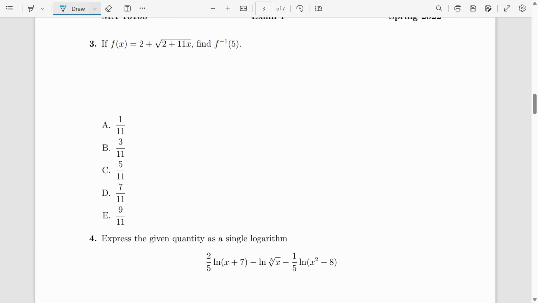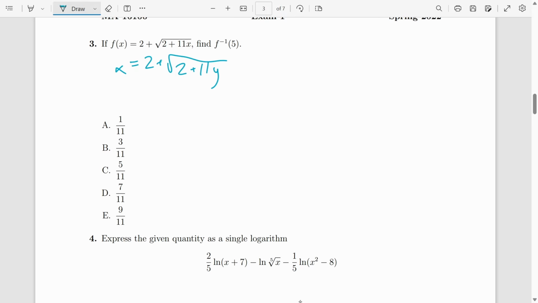So how to do inverses? Replace the f of x with a y, so y equals instead of f of x equals. Then just rewrite everything else: 2 plus 11x, all that is square root. Cool, now we have that rewritten with the y instead. And now we're going to replace the y's with x's, and the x's with y's.